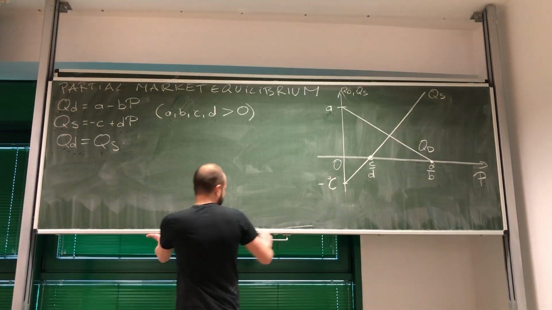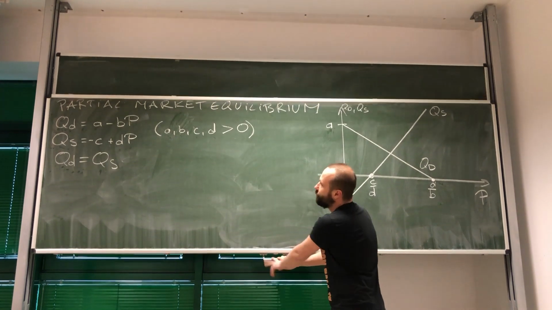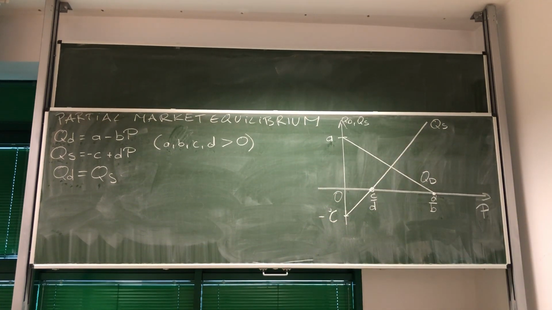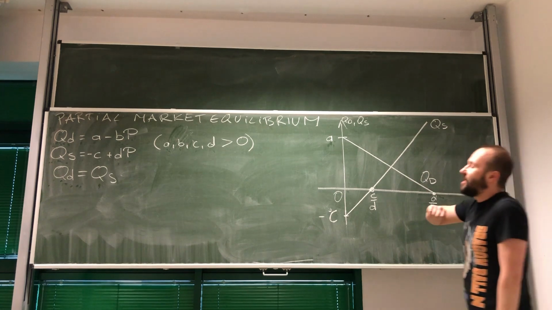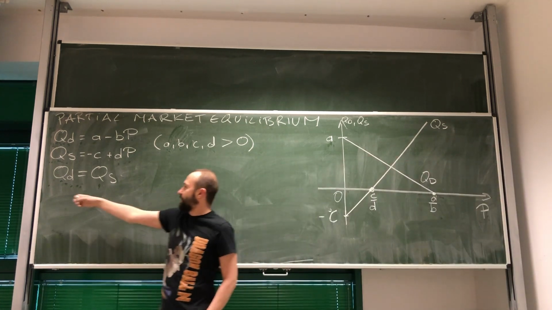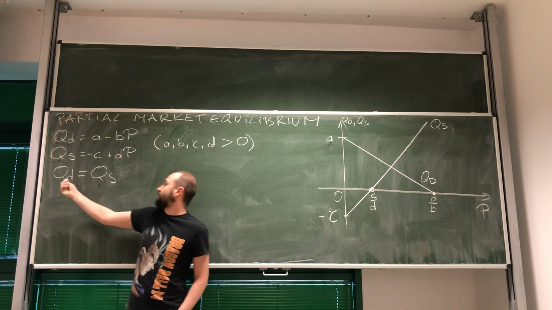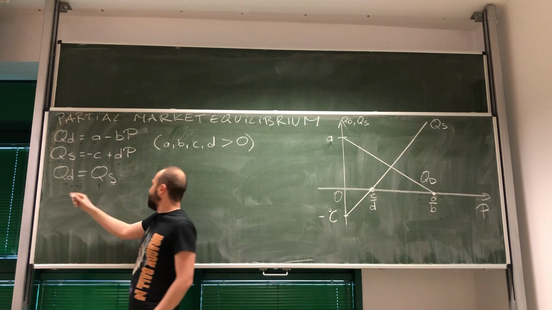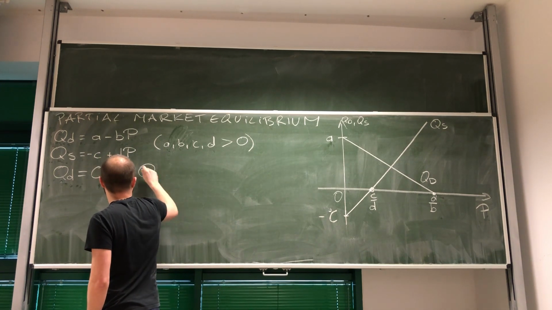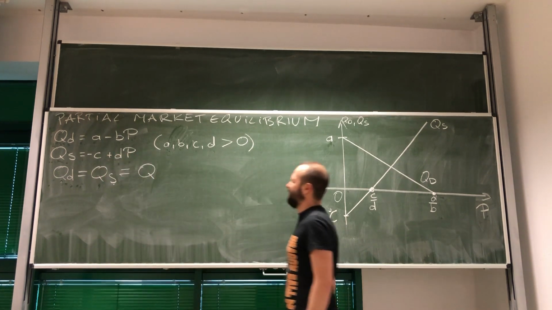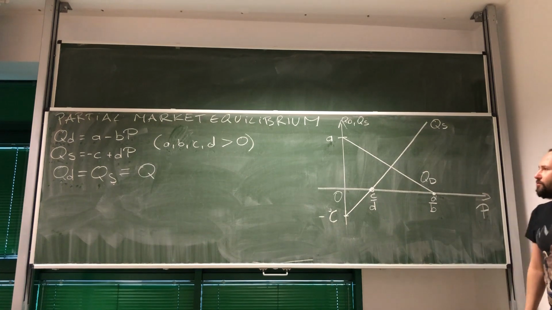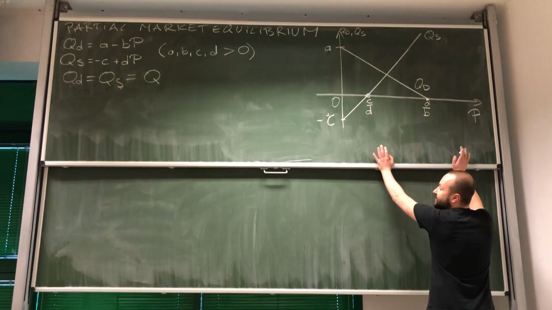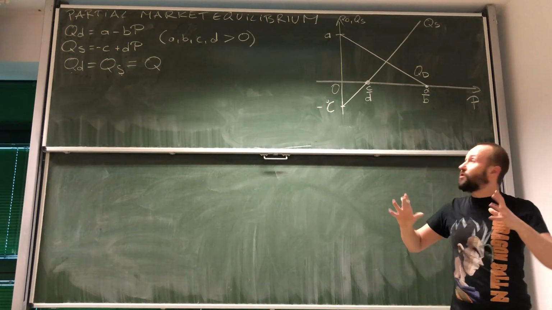Okay, so how do we go? First, let's use the information that we've got in the model. We know that the equilibrium condition is quantity demanded equals quantity supplied. But if they are equal, I can replace them with just one Q, right? And this actually has some extreme consequences on solving the model.